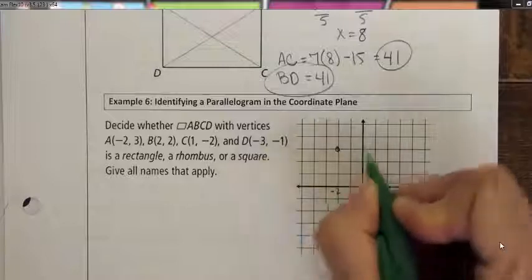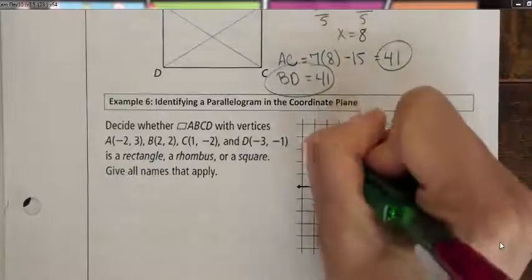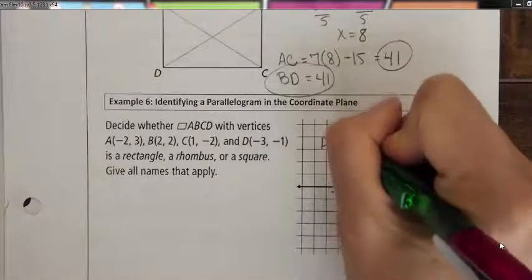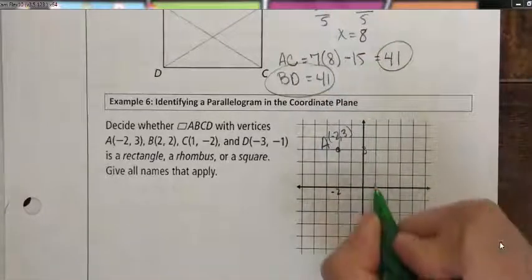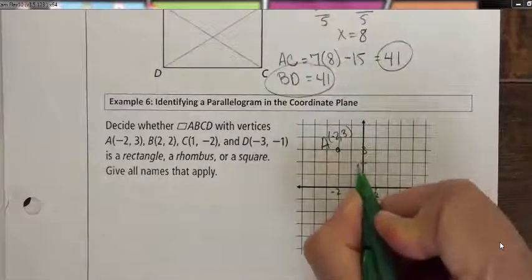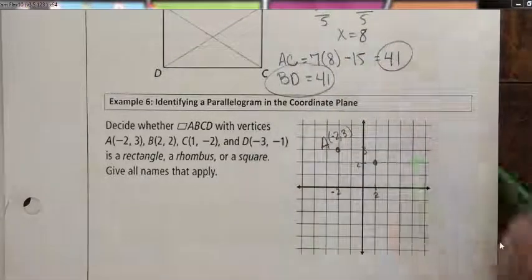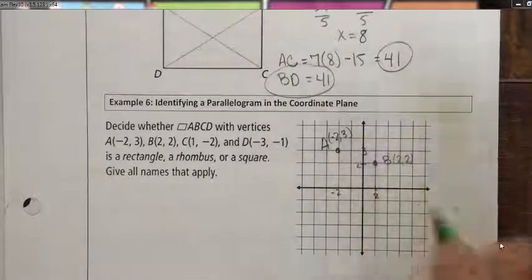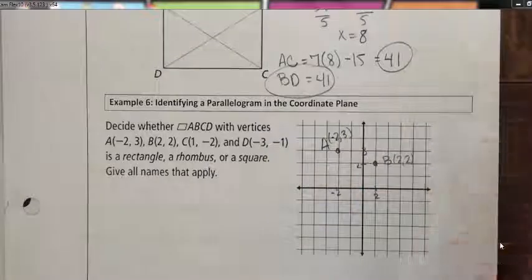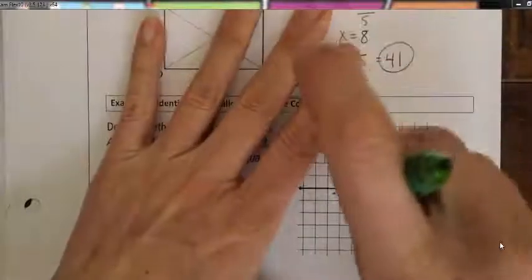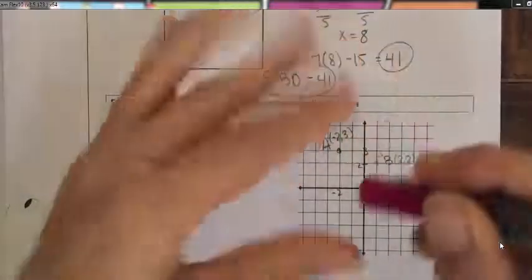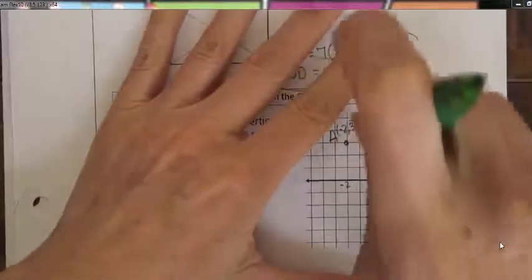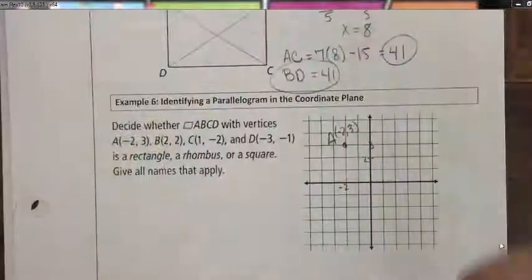So A is -2, 3. B is 2, 2. Oops, that was not 2. Sorry about that. Hopefully you're looking at what I'm doing and saying, what are you doing?